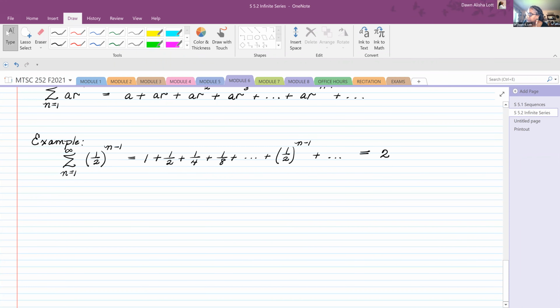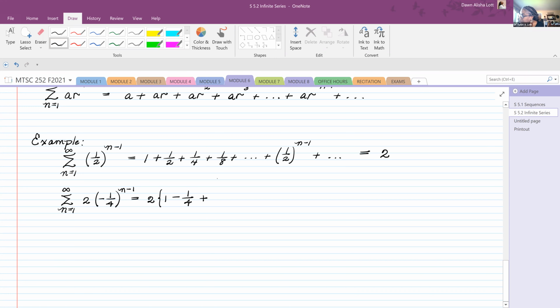Here's another one. The sum n equal 1 to infinity of 2 times (minus 1/4) to the n. Well, they're all going to be multiplied by 2, so I'm going to pull the 2 out. I'm going to get 1 when this is n minus 1. So when n is 1, I get (negative 1/4) to the 0 power, that's 1. When n is 2, I'm going to get minus 1/4.